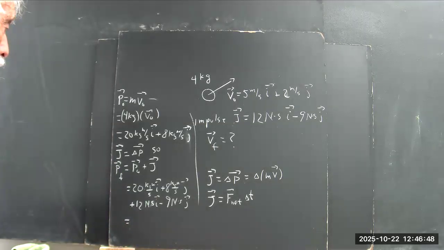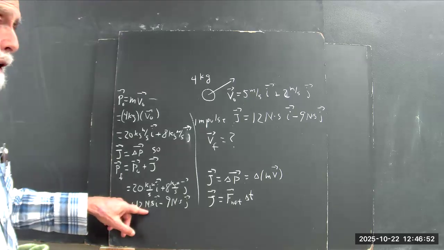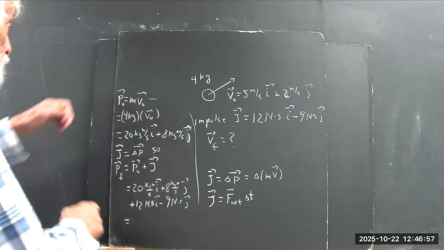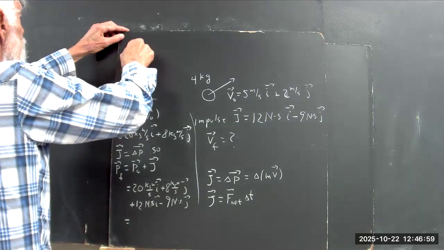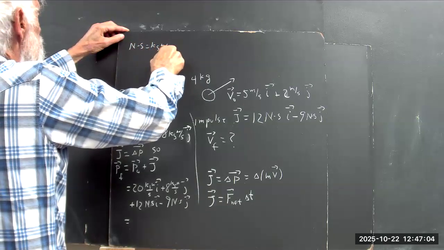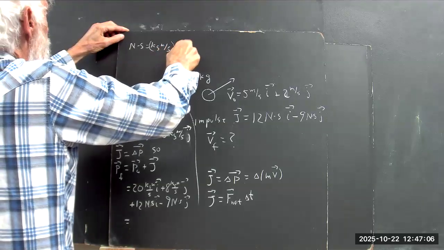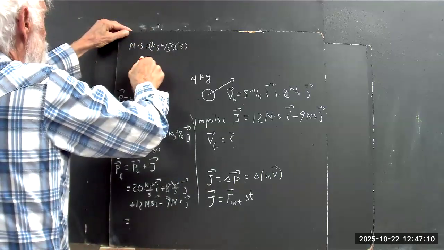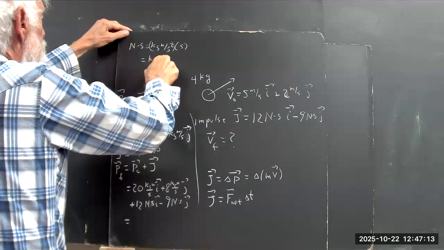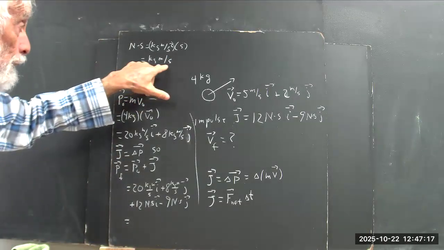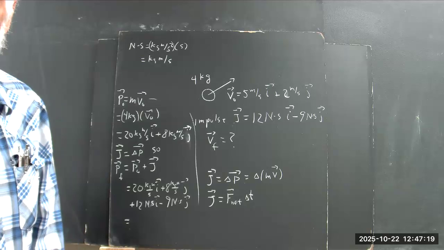Well, a Newton second is what? It's a kilogram meter per second squared times a second, which is a kilogram meter per second, which is a unit of momentum. Unit of mass times unit of velocity.